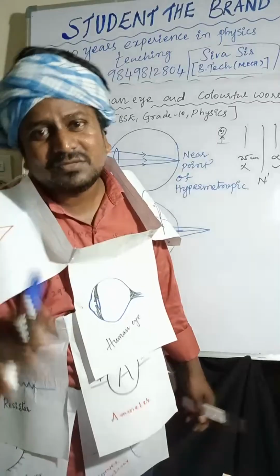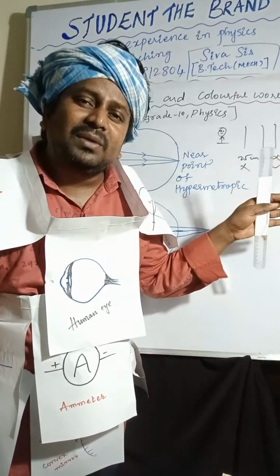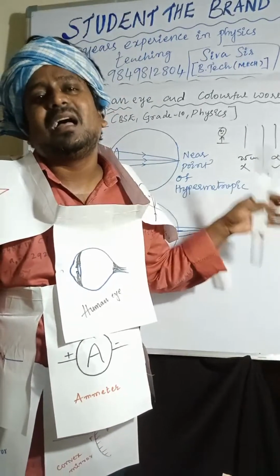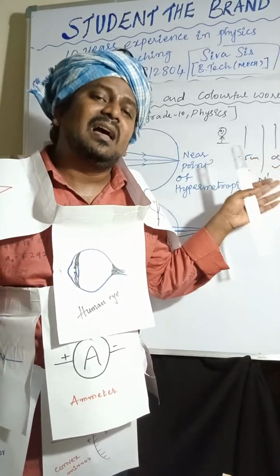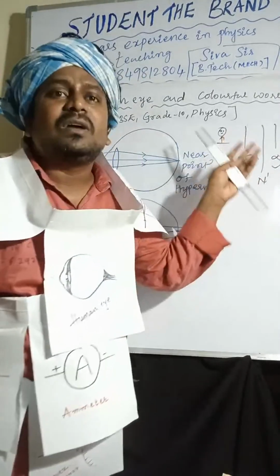Those light rays will meet beyond the retina. So how to correct this defect?